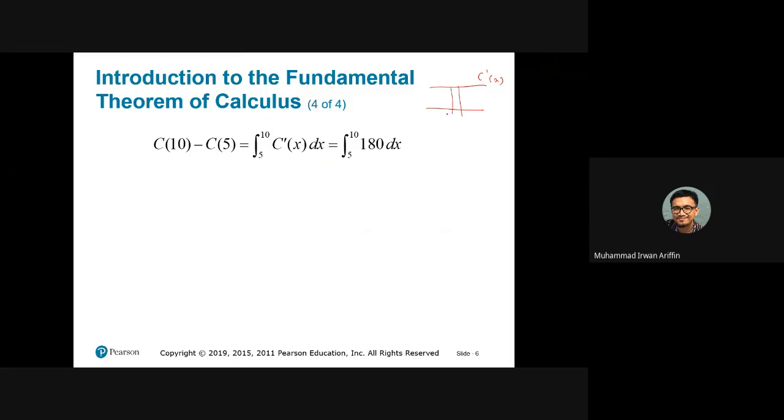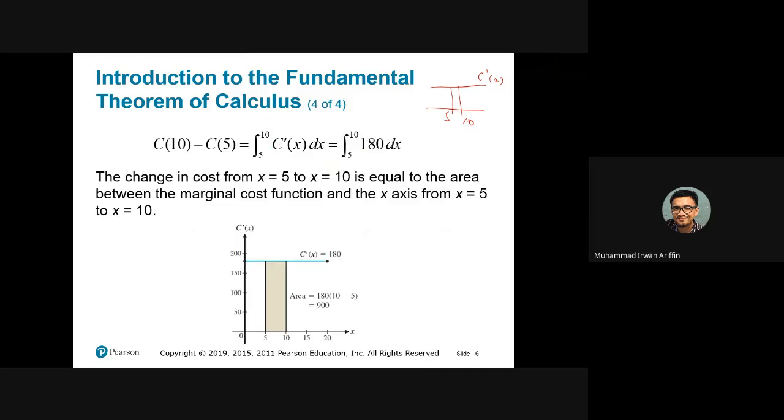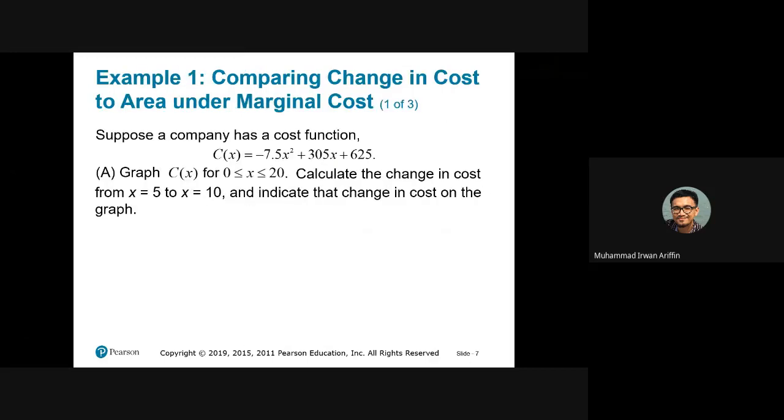For x from 5 to 10, this equals finding the area where the height of the function is 180. So the change in cost from 5 to 10 is equal to the area between the marginal cost function and the x-axis from 5 to 10. That's the relationship that we have established.